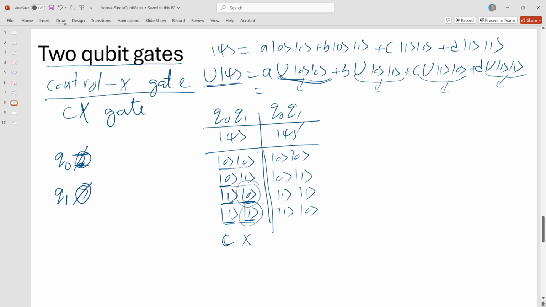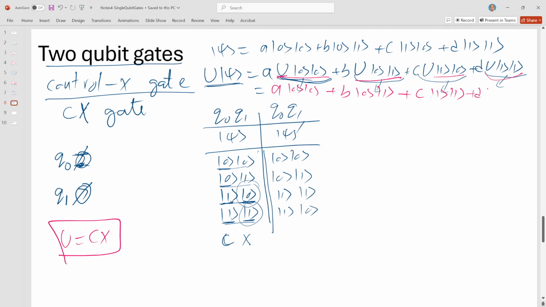Which means that if this U is my control X gate, then this would be 00, this would be 01, this would be 11, and this would be this. So this would be the psi prime state at the output. This gate has a special symbol.